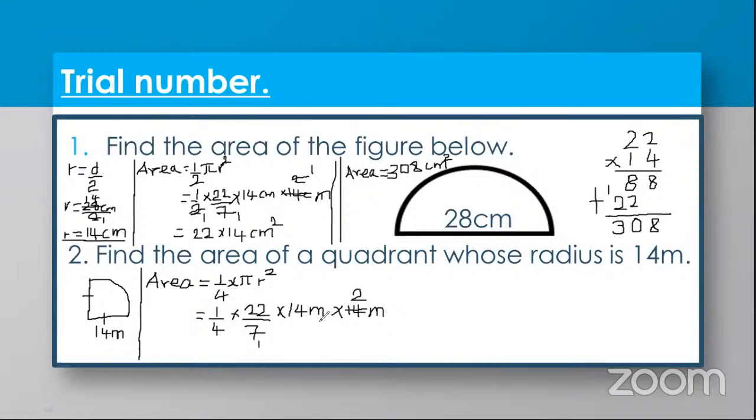Then we divide 4 by 2. 4 divided by 2, what do you get? 2. And then 2 divided by 2, you get 1. What have you remained with? 1 times 22 times 14 meters times 14 meters.